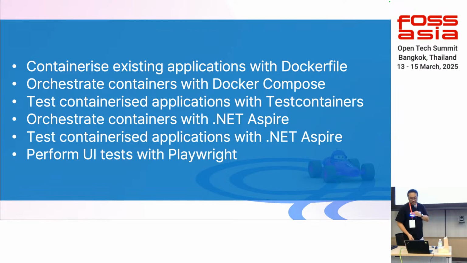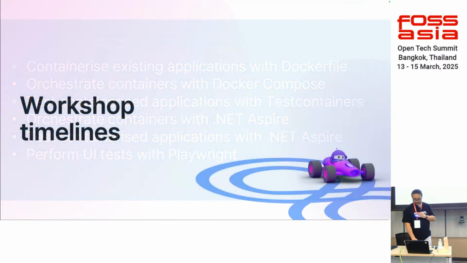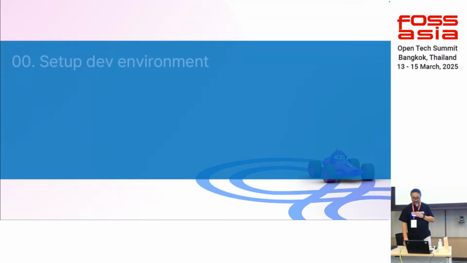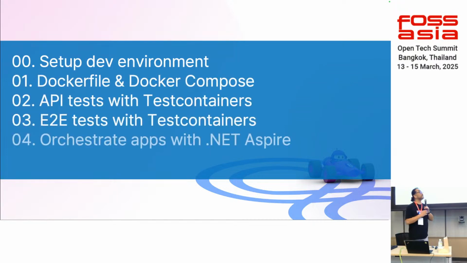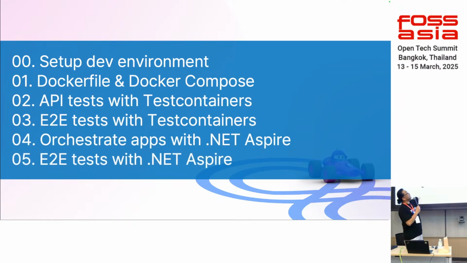We are doing all the end-to-end tests using .NET Aspire as well. And for UI testing, we are going to use Playwright as well. And time is ticking. So this is the workshop timeline. We have 6 different steps.